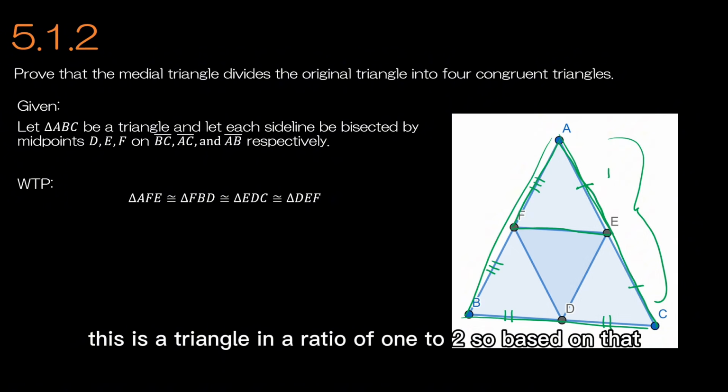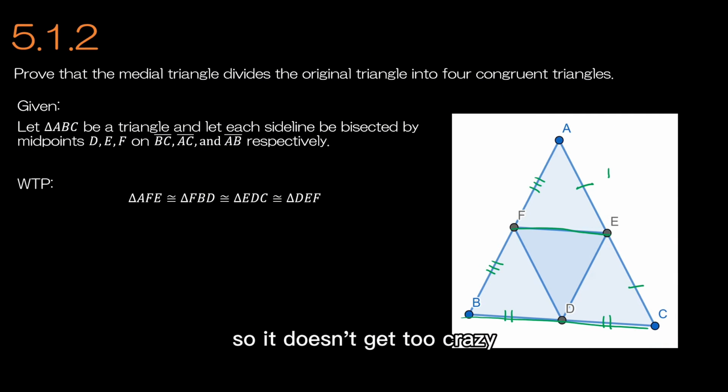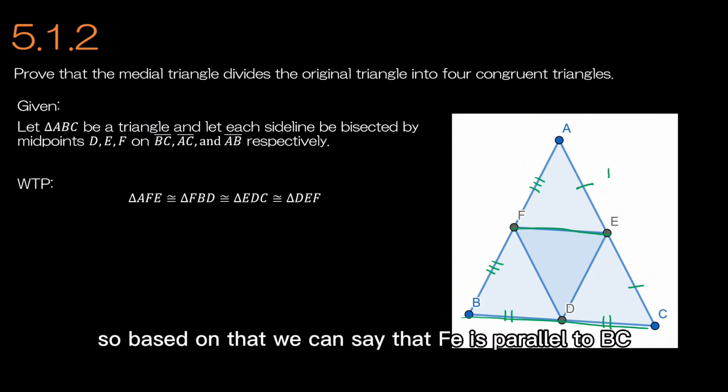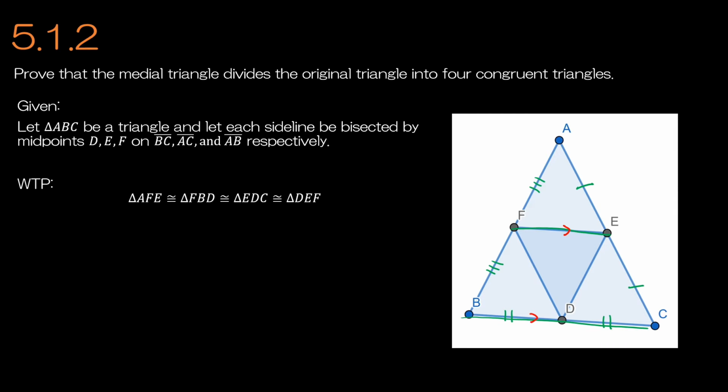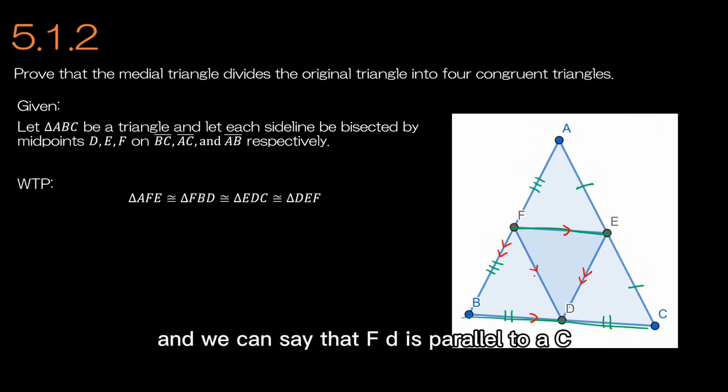So based on that, I'm going to get rid of some of these markings so it doesn't get too crazy. Based on that, we can say that FE is parallel to BC, ED is parallel to AB, and FD is parallel to AC.